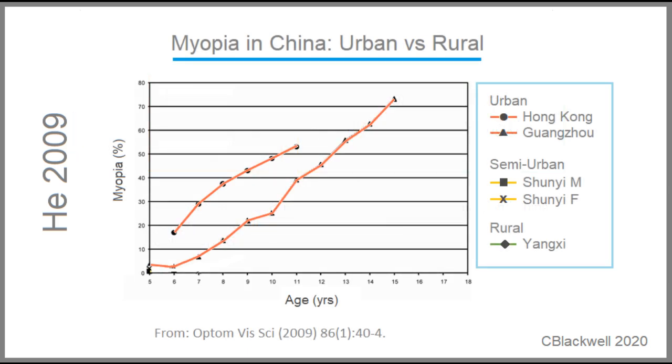The urban cities showed similar high rates of myopia. Compare that to the lower rates of myopia in the rural environment. The authors concluded the urban-rural difference is likely the result of differences in environmental factors, possibly including educational, socioeconomic, and/or nutritional effects.